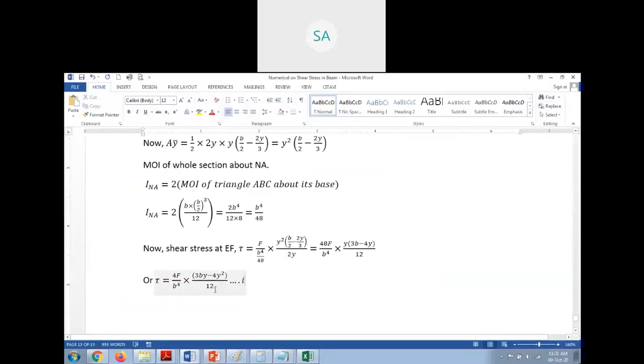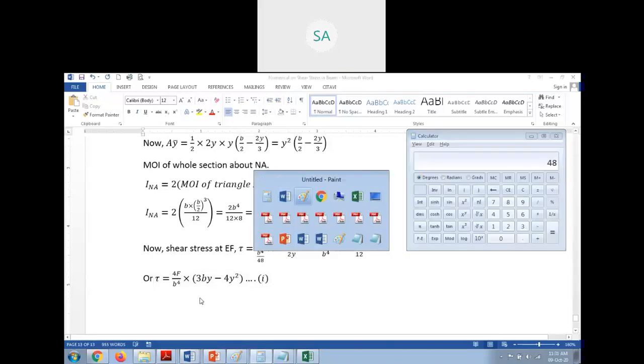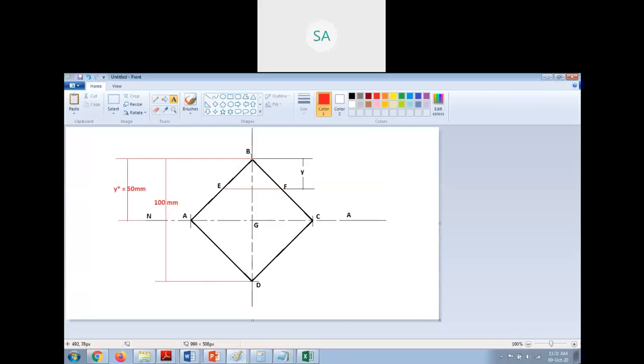Correct. Just this. Correct. So now this equation gives me the shear stress at any section between apex B and this diagonal AC.